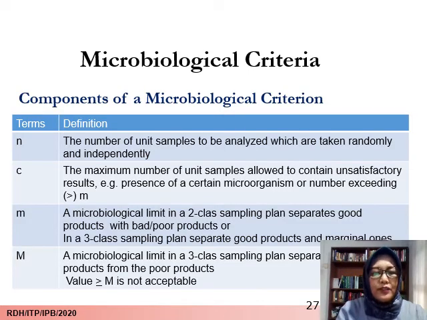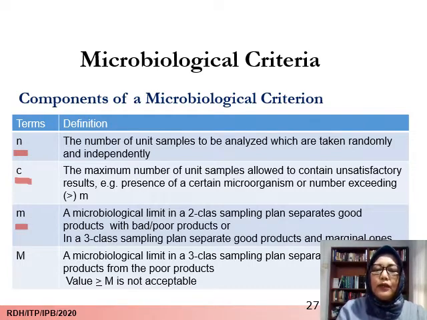A microbiological criterion usually has these components. First is n, which is the number of unit samples to be analyzed, which are taken randomly and independently. c is the maximum number of unit samples allowed to contain unsatisfactory results, for example, presence of a certain microorganism or number exceeding little m.